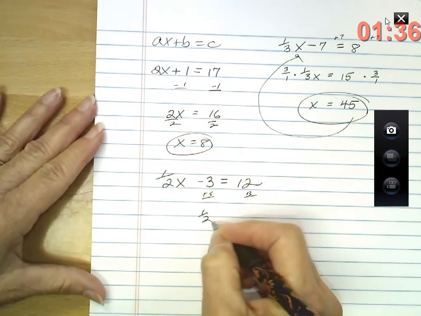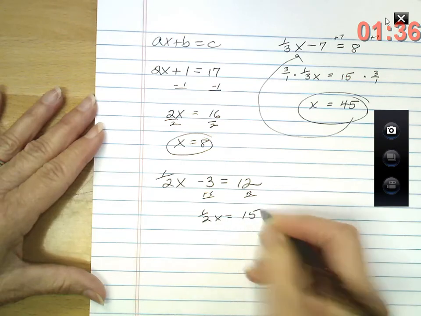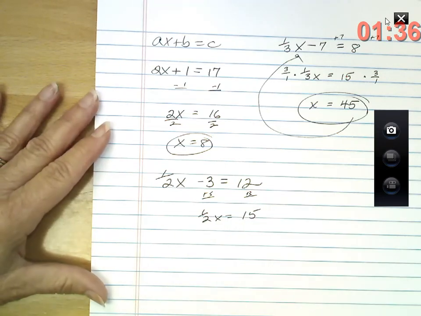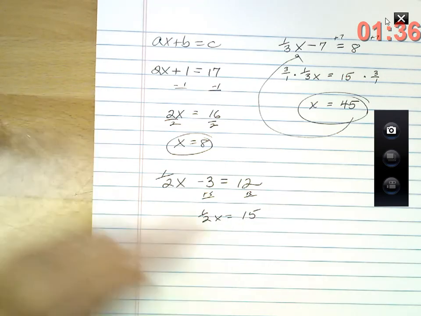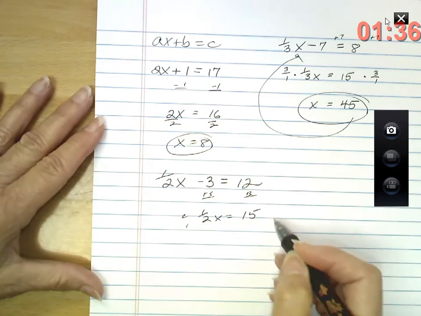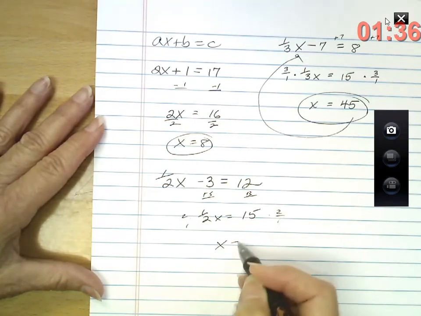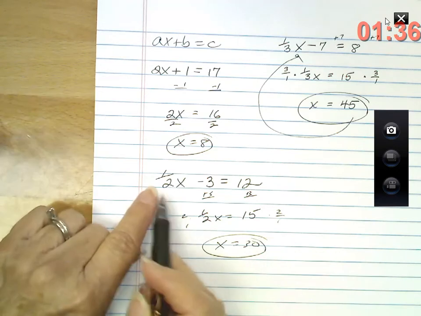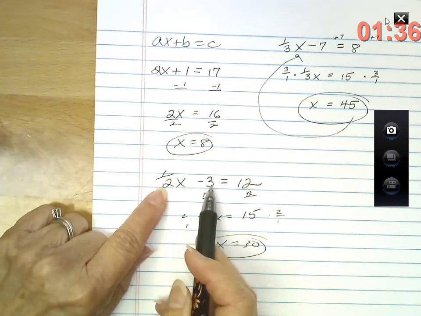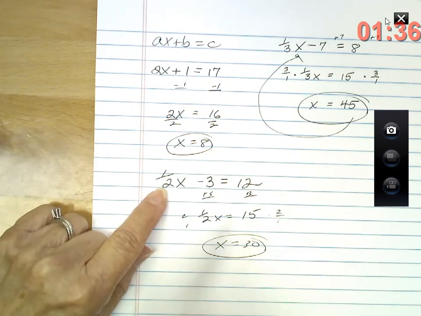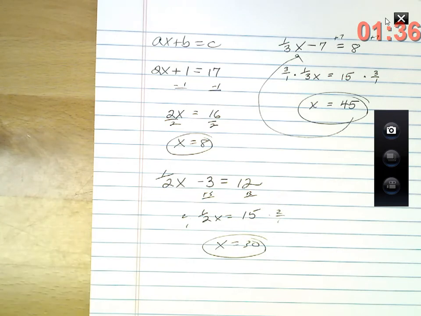So 1/2 of x equals 15. Some people will make a mistake and get the wrong answer on here. But you've got to multiply by the reciprocal. So that's a 30. So 1/2 of 30 is 15 minus 3 does give you a 12. So if you've got a test, take the time to put your answer back in there and see if you get it right.